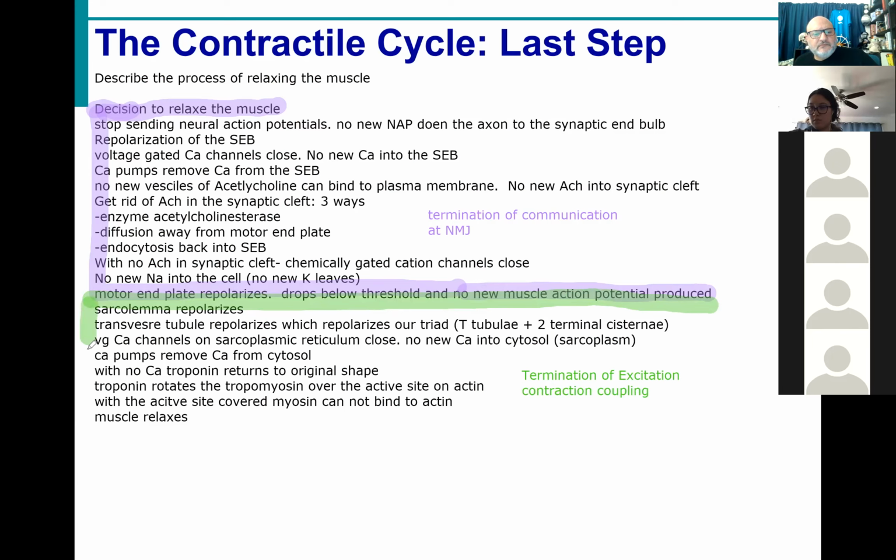The active site is covered and the muscle relaxes. Which is why termination of the contractile cycle isn't a good essay question, because basically it would just be the active site of actin is covered and the muscle relaxes. So that's why we don't have the third step as part of the relaxation, because once the binding site is covered, your cycle stops.